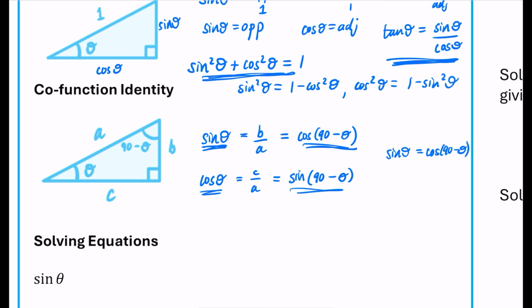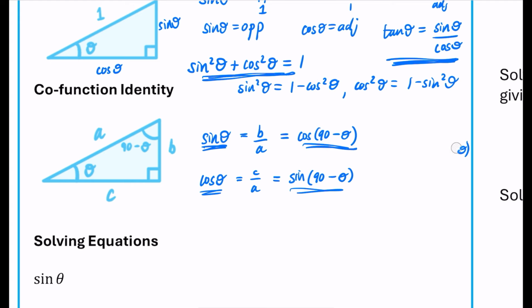And that's actually why cosine has the co added at the beginning of it, because it is the complementary sine. So if you ever have a 90 minus theta as the angle, you can switch it and instead of it being a cos, you can change it to a sine. So if we had 30 degrees and 60 degrees, they are complementary.